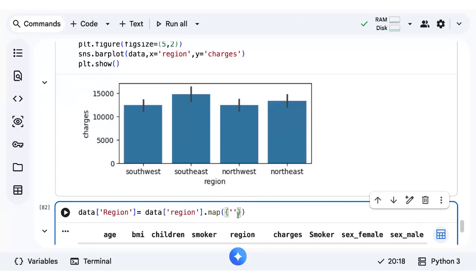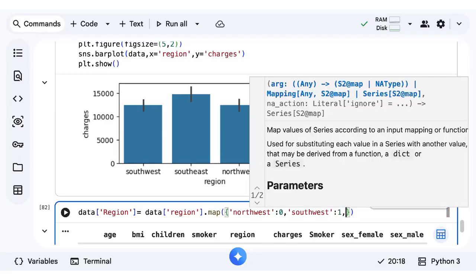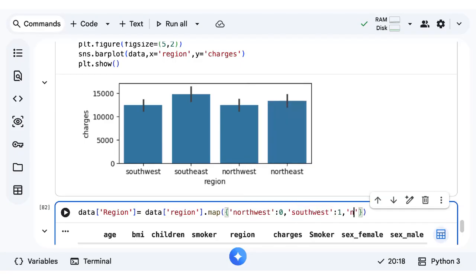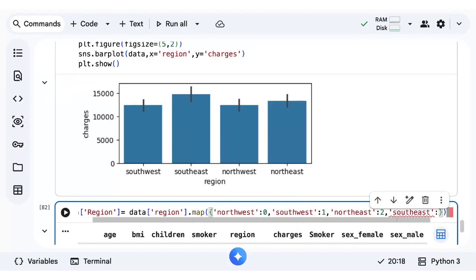Northwest has less importance, so I'll give 0, comma, next southwest, no? It's a 1. Northeast will give 2, and then southeast will give 3, like this.